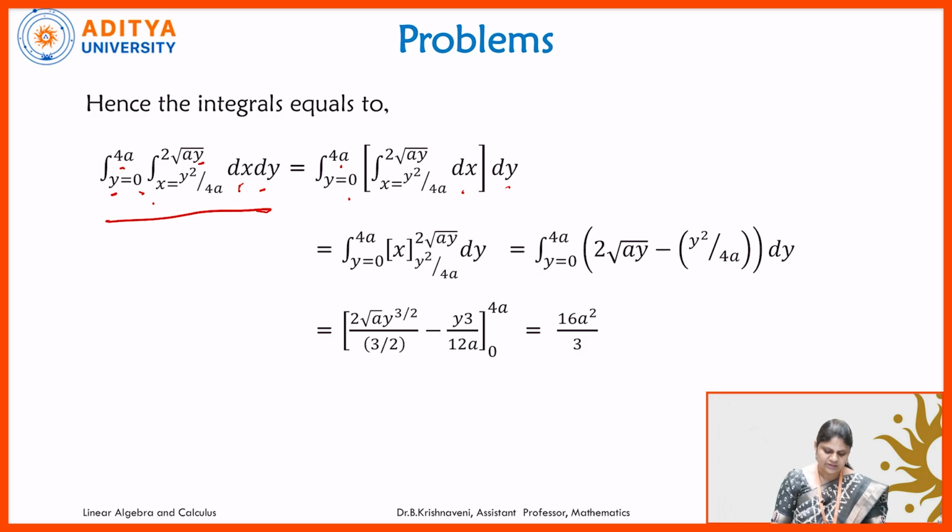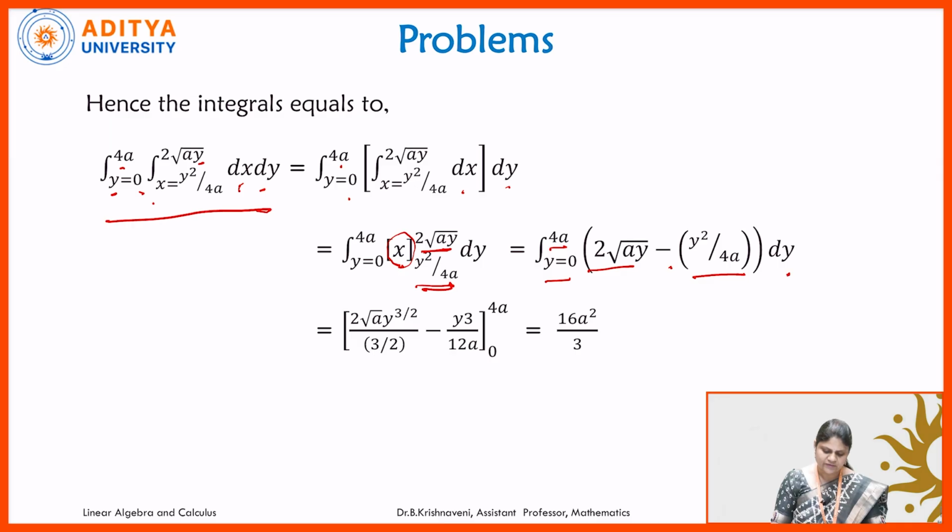So first integrating with respect to x, the integral of dx is x between the x limits. Substitute the x limits, the upper limit is 2 root ay, the lower limit is y square by 4a, which is equal to integral y from 0 to 4a of 2 root ay minus y square by 4a dy.